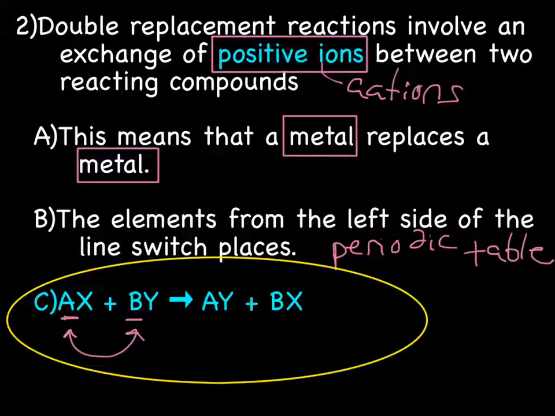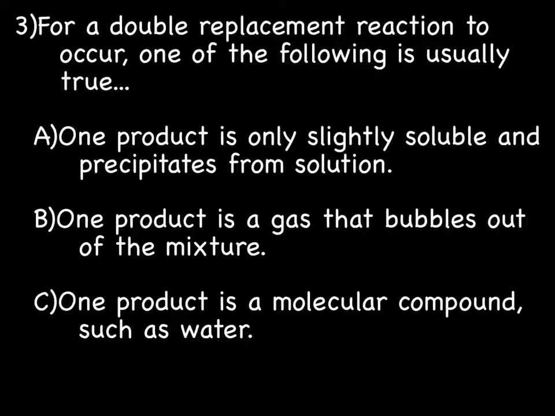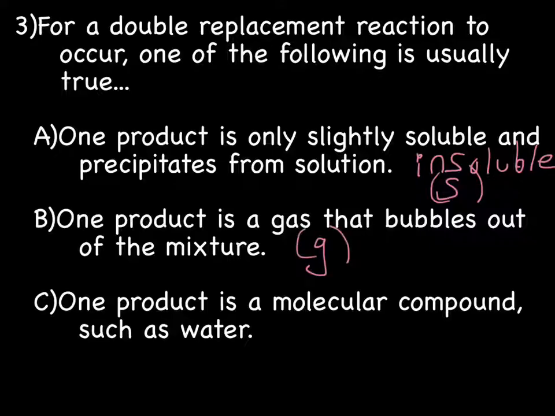Now let's get into the part that's slightly more complicated. When a double replacement reaction actually occurs, one of the following is true. One product is only slightly soluble and precipitates from solution. So basically part of it is insoluble, so you end up with a solid. The precipitate is a solid. One product is a gas, or one product is a liquid molecular compound like water.